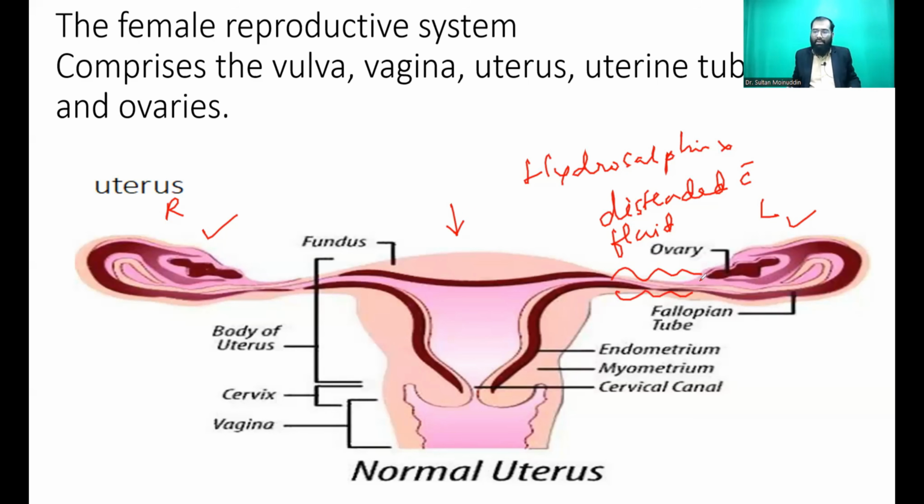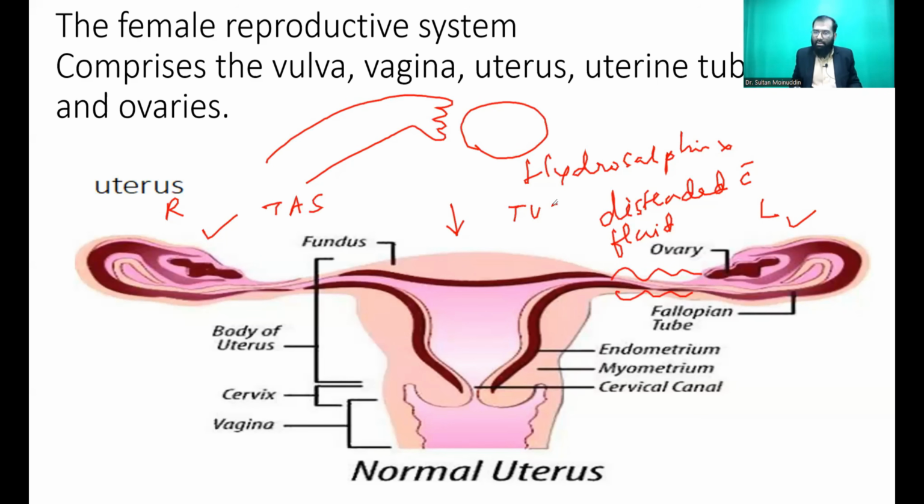Another important thing is that you know there is a fallopian tube, at the end there are fimbriae, and then you have the ovary. There are two ways of doing ultrasound of the ovary. One is transabdominal scan and one is transvaginal ultrasound.